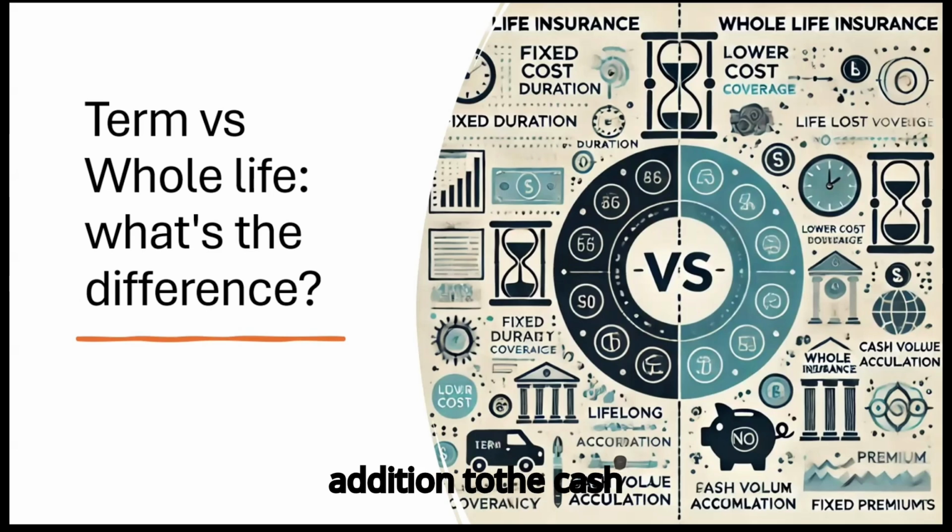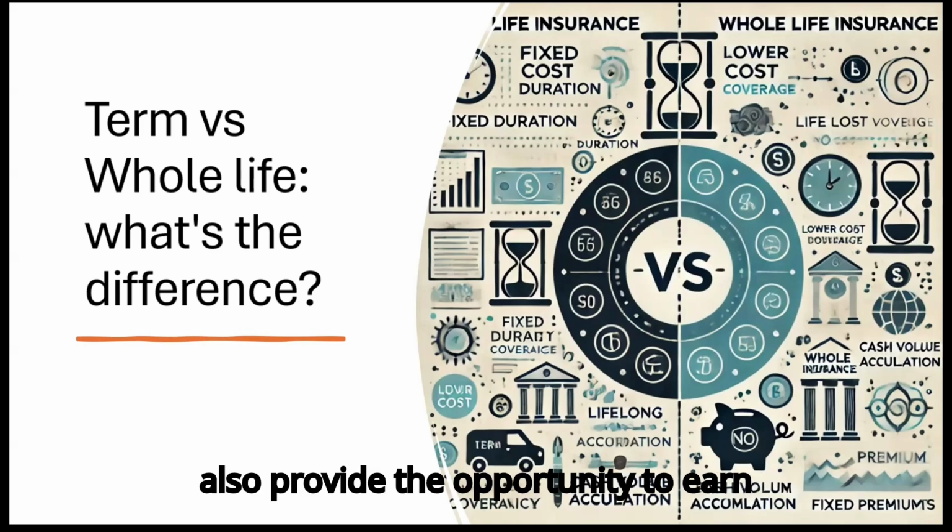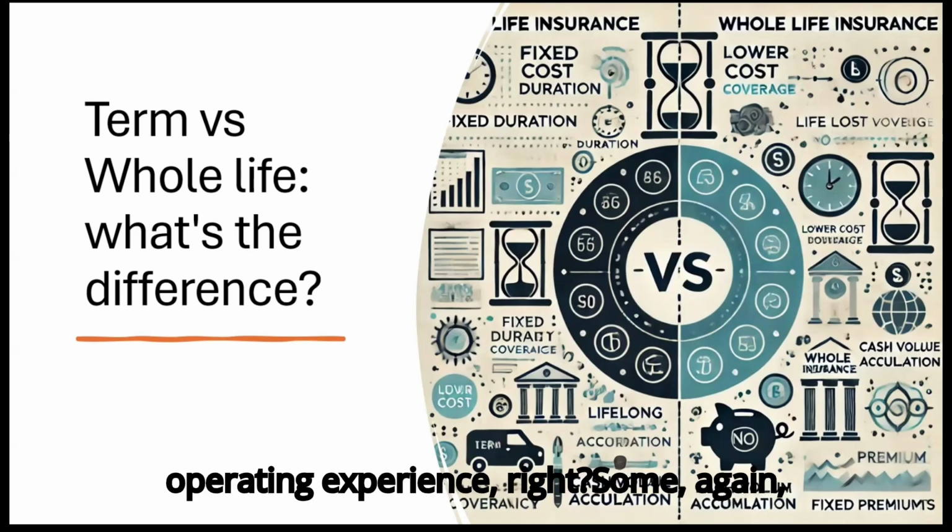So in addition to accumulating cash value, the participating policy is insured by mutual insurance companies. That's key. Mutual insurance companies also provide the opportunity to earn dividends. Now, dividends are not guaranteed, but are part of the premium that reflects a company's favorable operating experience, right?